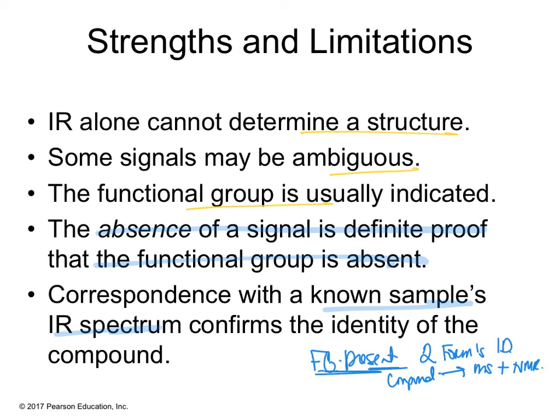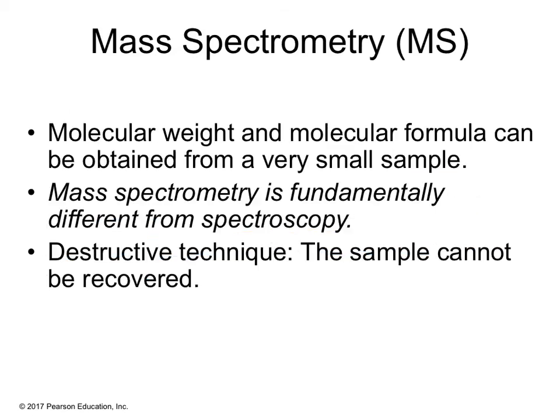But the IR is really great in labs just to know if you did your functional group transformation. One of the identification characterization techniques that is considered very good and very validated is mass spectroscopy.